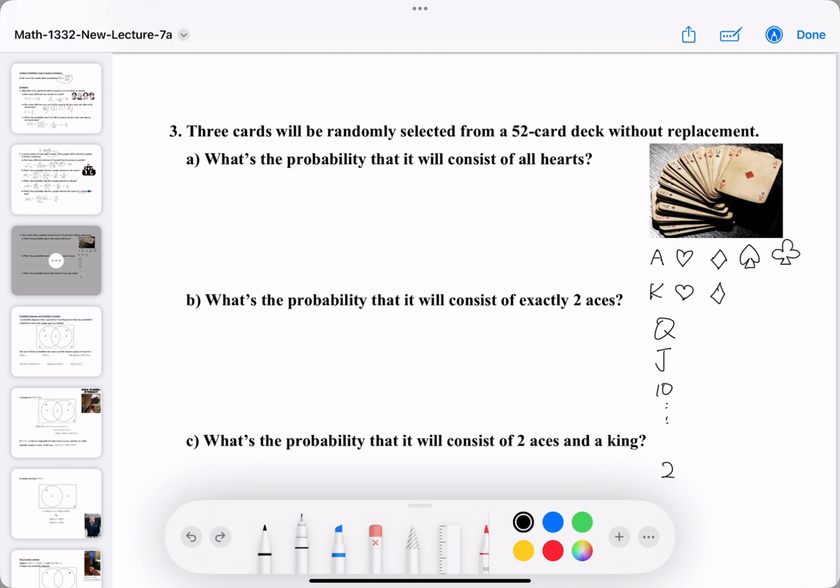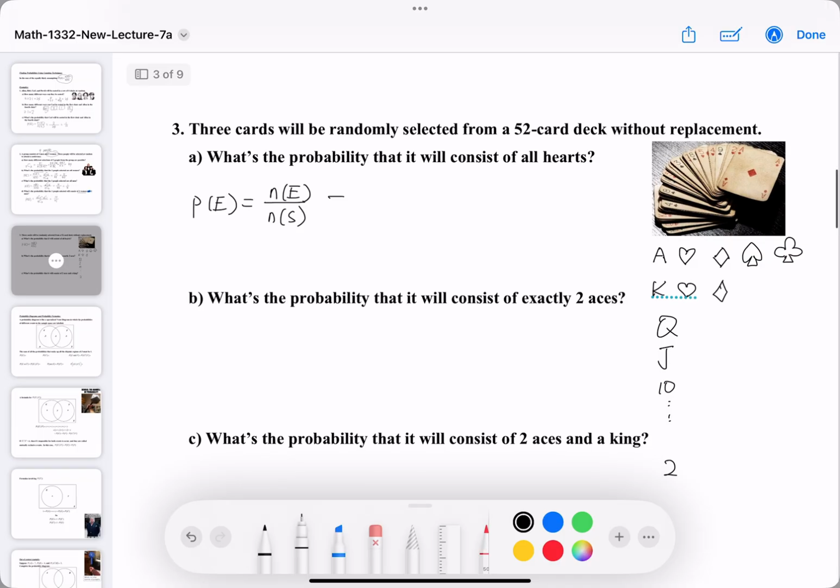What is the probability? Talking about probability, we're always using P of E equals N of E over N of S. The probability that it will consist of all hearts. So choosing 3 cards from 52 cards. I don't need to worry about the order.